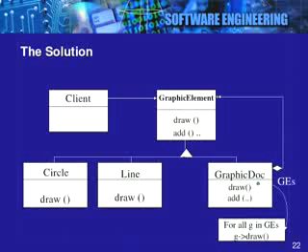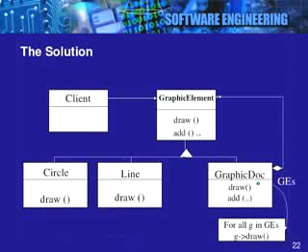So you have graphical element as an abstract superclass here, which has functions like draw, and also a function called add, and then you have circles, lines, and graphical documents. So you have various functions on graphical elements, and different subclasses which implement graphical element.